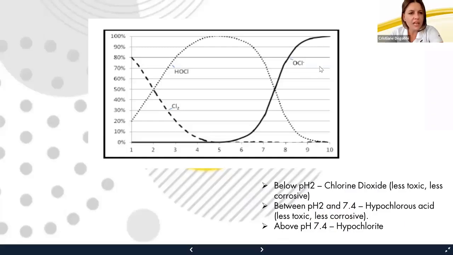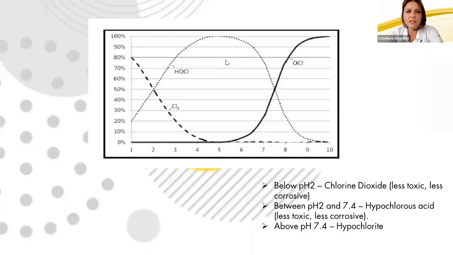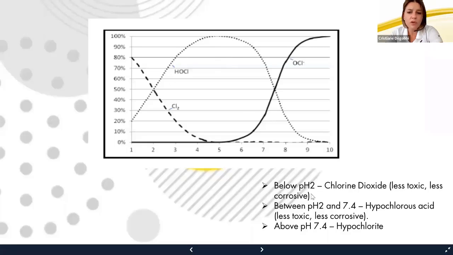But what you really want when it comes to a bleach solution is the hypochlorous acid, which is going to be the most effective one. This one is going to kill better and is not going to damage surfaces or be as corrosive. It doesn't have that bleach effect, so you can use it on fibers, for example. Hypochlorous acid is the one that you really want in that solution.